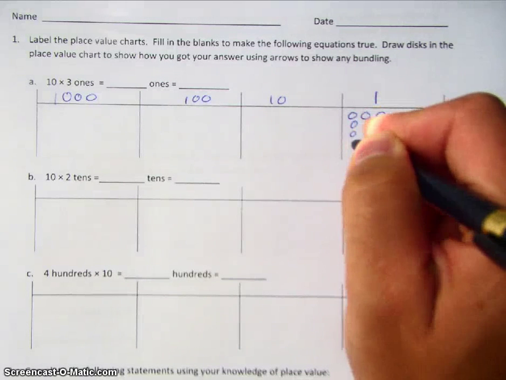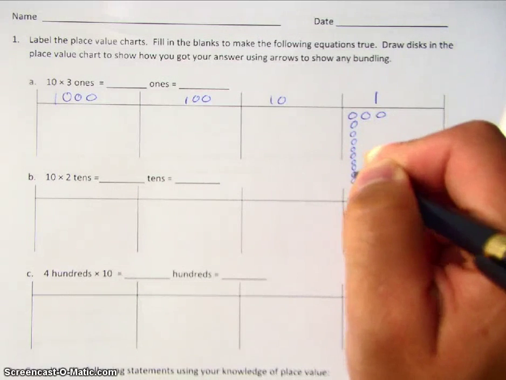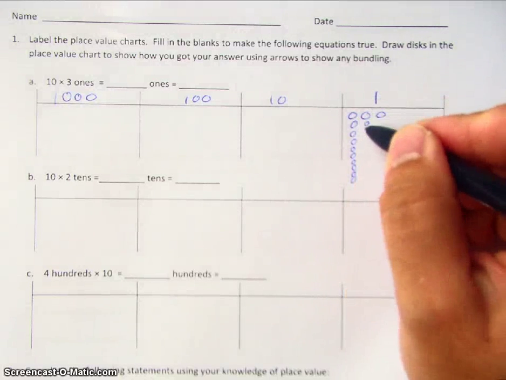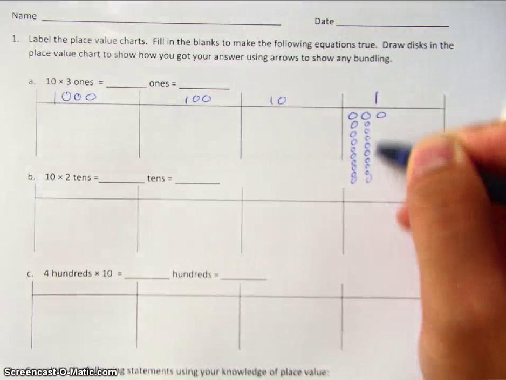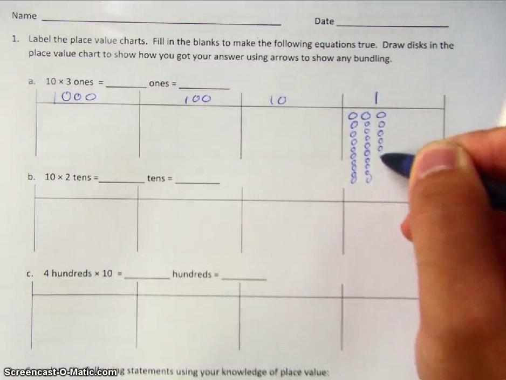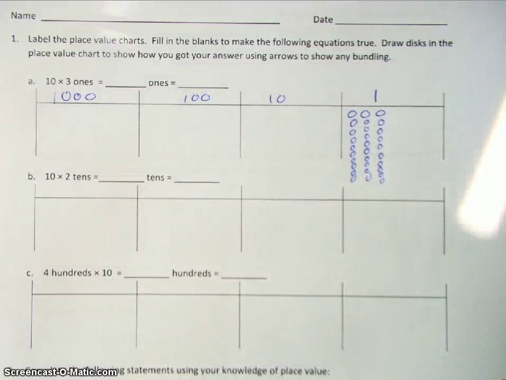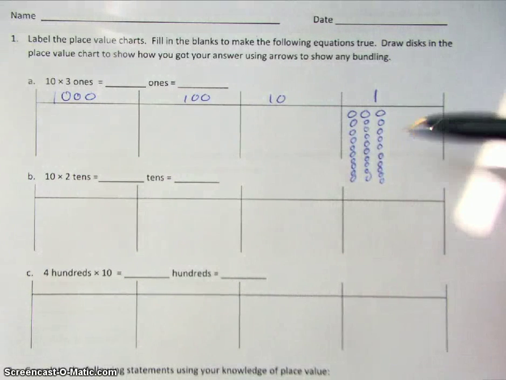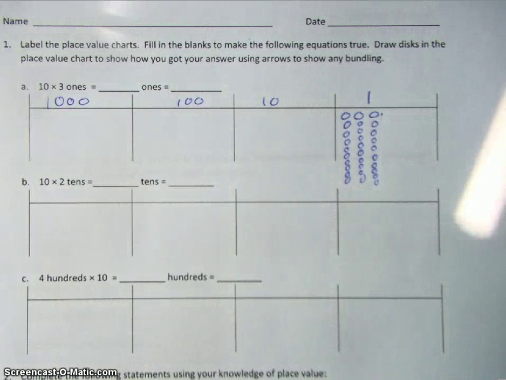So we're going to make 10. Okay, so now we're going to have 3 columns of 10. So we've taken our 3 ones and multiplied each of them times 10.